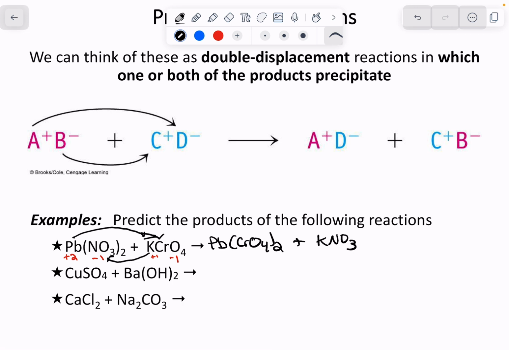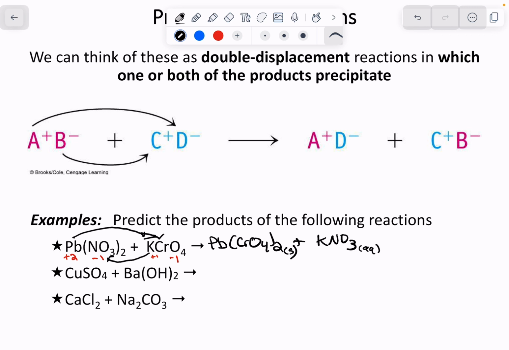This is where you would look up the solubilities, and you'll see that potassium compounds are always soluble, so this is aqueous. And if you take a look at the CrO4, you'll find that lead compounds especially are going to be insoluble.